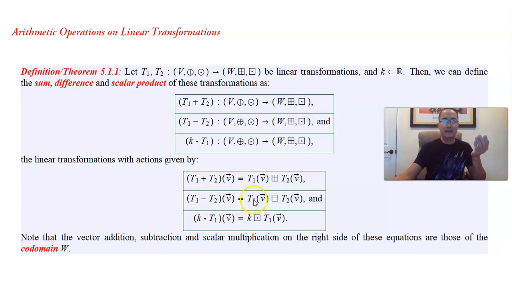Similarly for minus, this will be the additive inverse of T2 of V added to T1 of V. And similarly for the scalar product, you just take T1 of V, scalar multiply using the times in W.